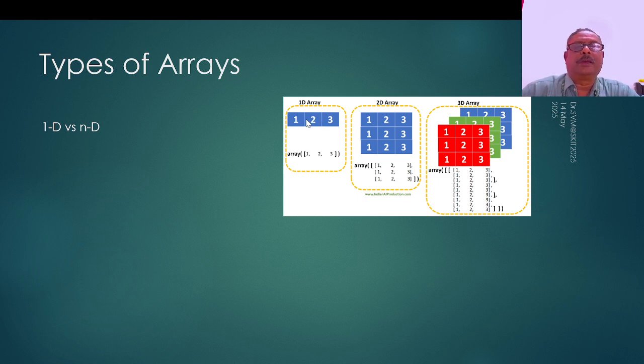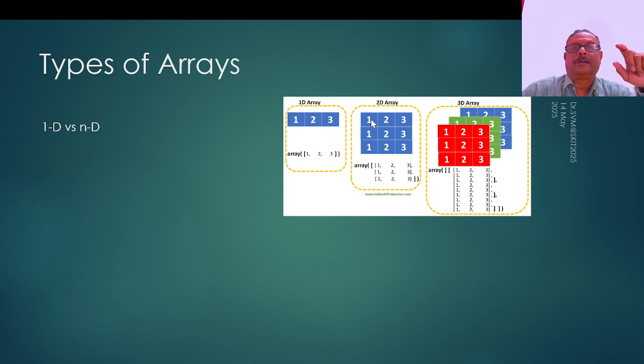If we are working with a 1D array, that's what we were doing earlier: we used one loop, for i equal to 1 to n. But when we are working on a 2D array, we have a loop inside another loop. The outer loop may talk about the row numbers, and the inner loop may talk about the column numbers.